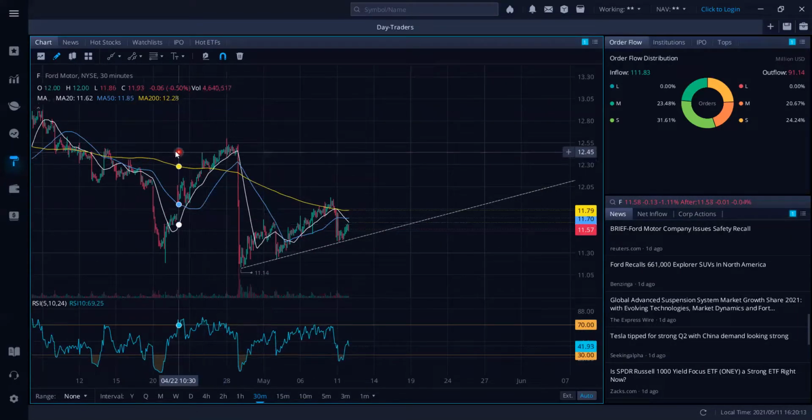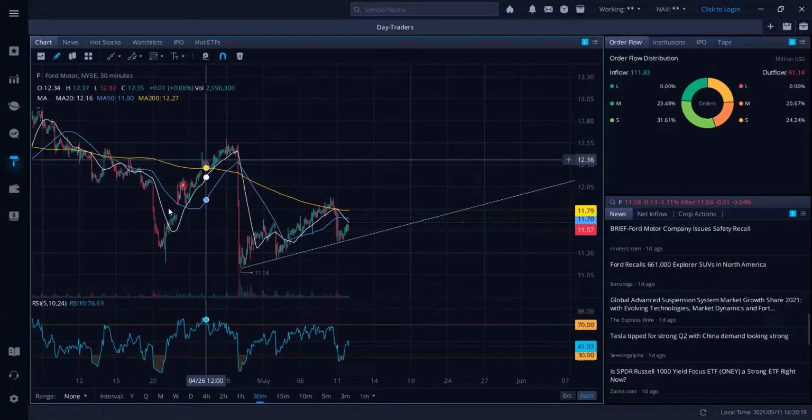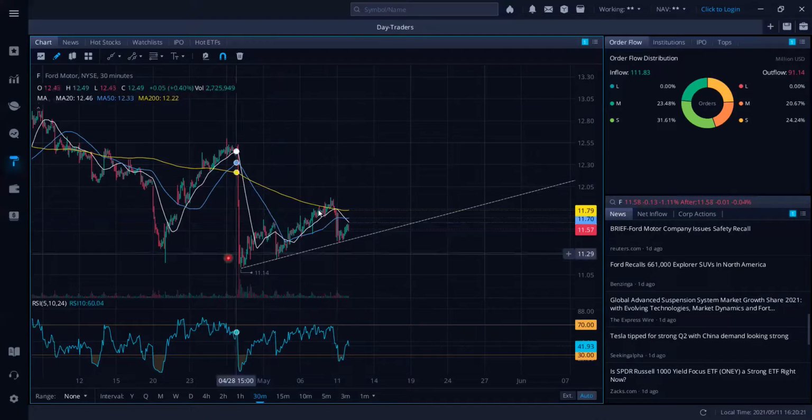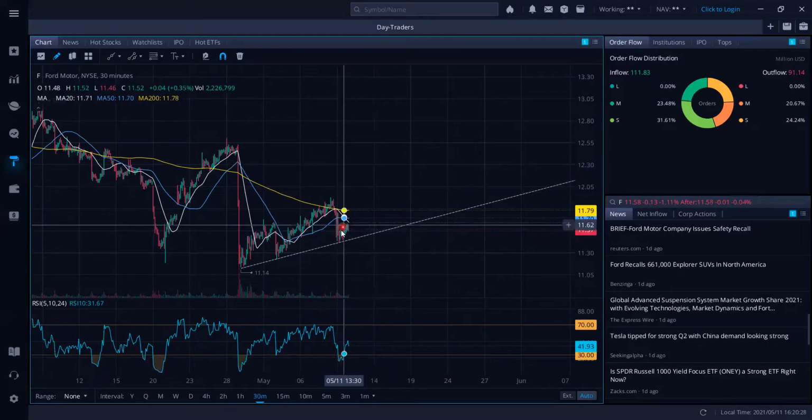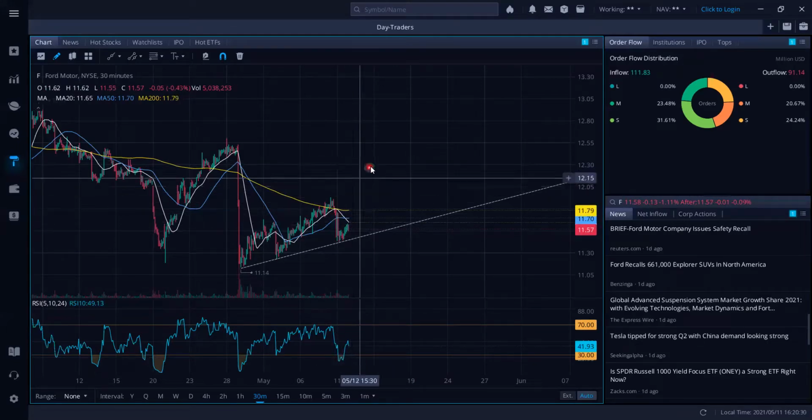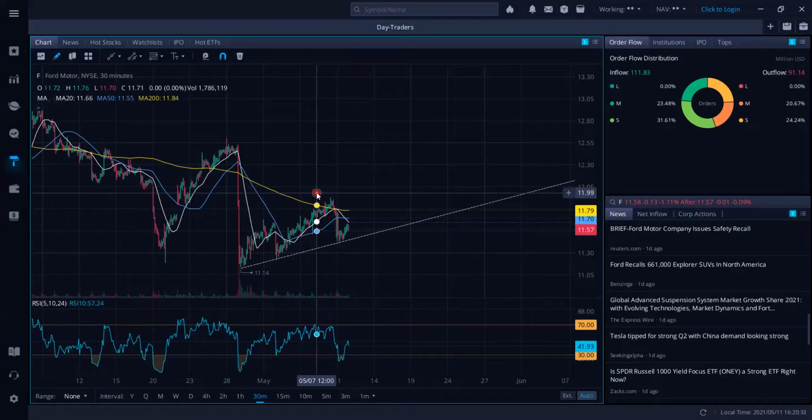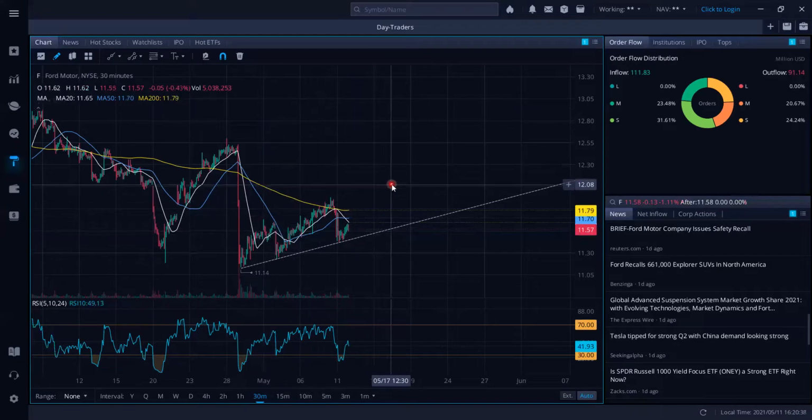We did have an overbought point somewhere around here, but I'm not going to set this. So for me, I'm going to wait until I see the stock make a move before I set any type of resistance, because I only set it if I can identify it.